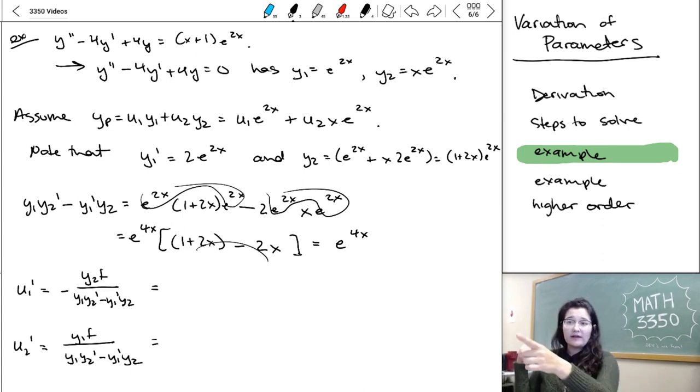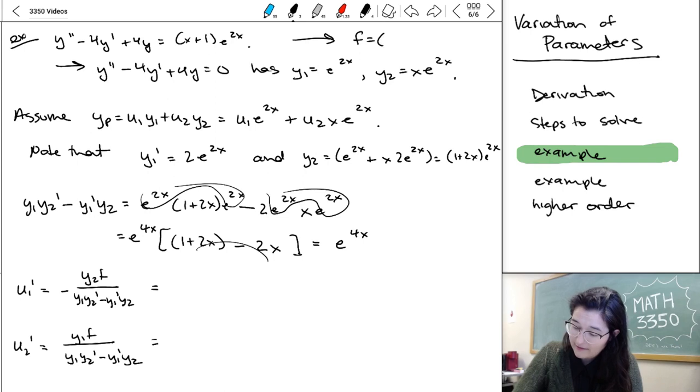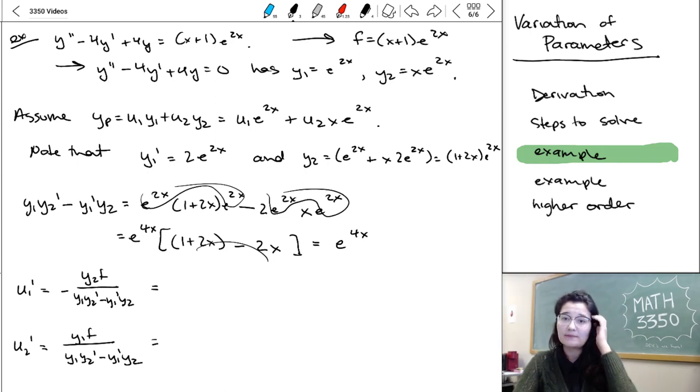So I can plug in that e to 4x for the denominator, and then I just need my y1, y2, and f. We're just going to note over here that f is that (x plus 1) e to 2x. It's the right-hand side of the equation.